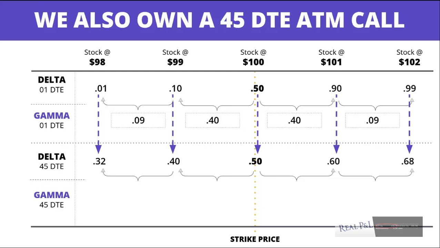For example, the 45 DTE's deltas aren't moving very much when the stock moves. Notice how the deltas are less extreme, not closer to 0 when you look at the 45 DTE. They're not closer to 0 when they're out of the money. See? Because there's more than just 1 day until they expire. So the gamma is lower.